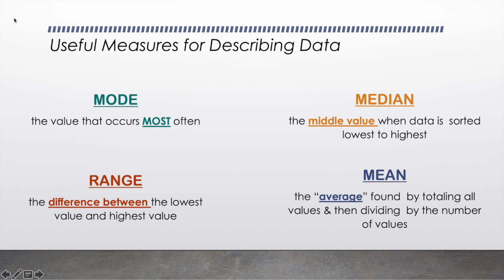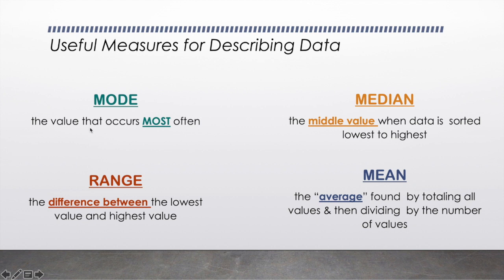The second part of the chapter then talks about the idea of dispersion or variance in our data, and that's what range does for us. And I'll make a follow-up video that goes into some more of the measurements that we have to help us figure out dispersion of our data. But let's start with these.